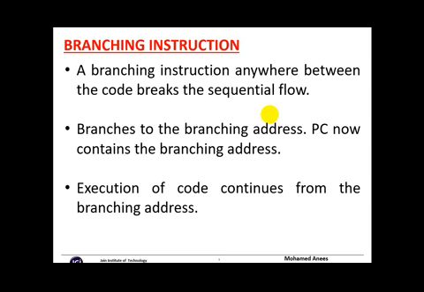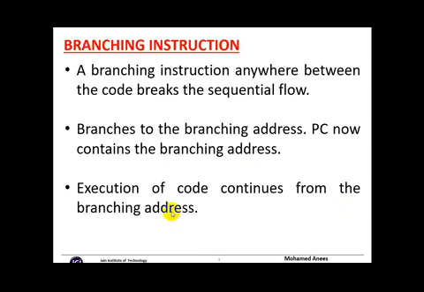Then it branches to a new address, which we call the branching address. So the program counter now contains the branching address. The third is the execution of the code continues from the branching address.